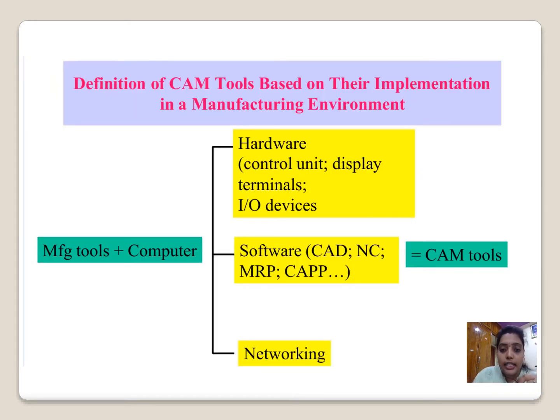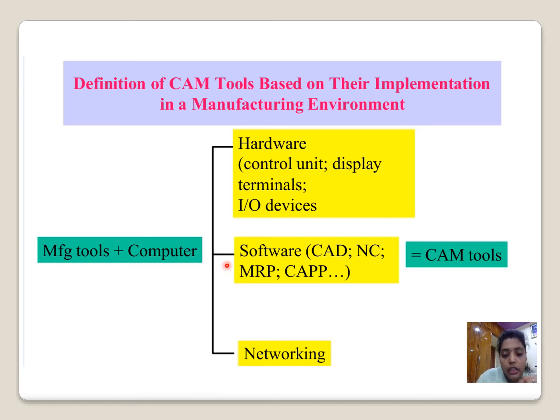Now let us see the definition of CAM tools based on their implementation in a manufacturing environment. After the design process, manufacturing comes in. Here, manufacturing tools plus computer will give CAM, the manufacturing process.